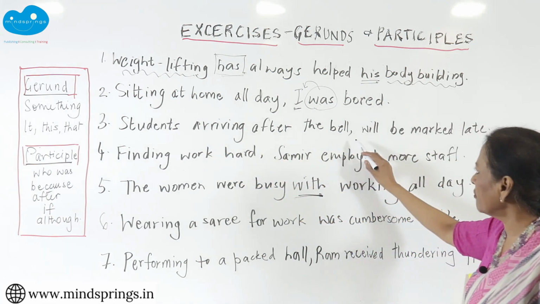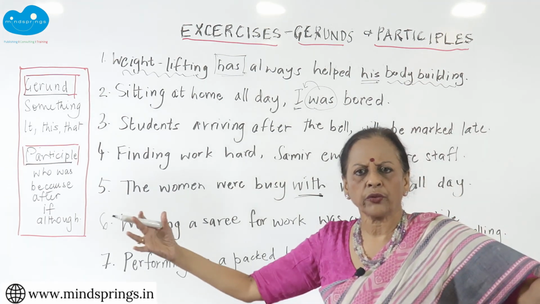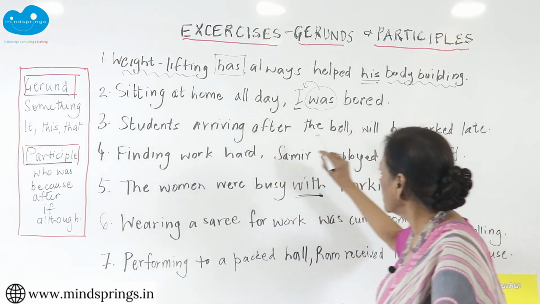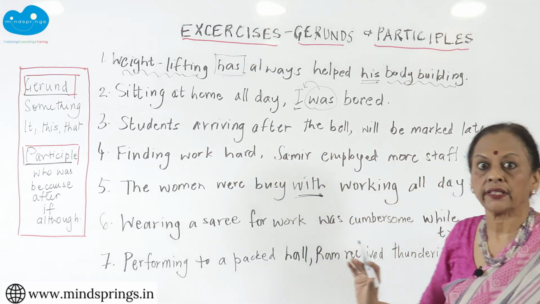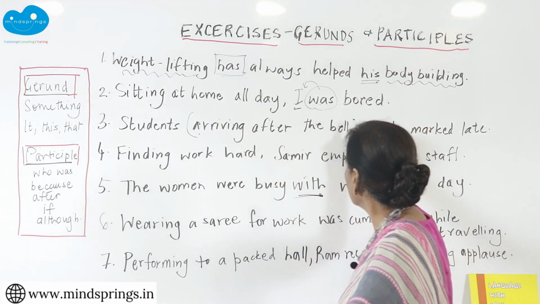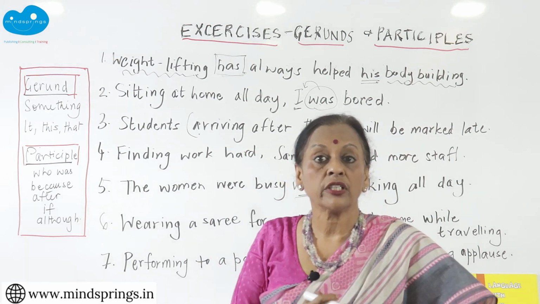"Students arriving after the bell will be marked late." Very often when you get a sentence like this, what is your main clause here? Students will be marked late. That is your sentence basically. This "arriving after the bell" does not seem to have a verb.